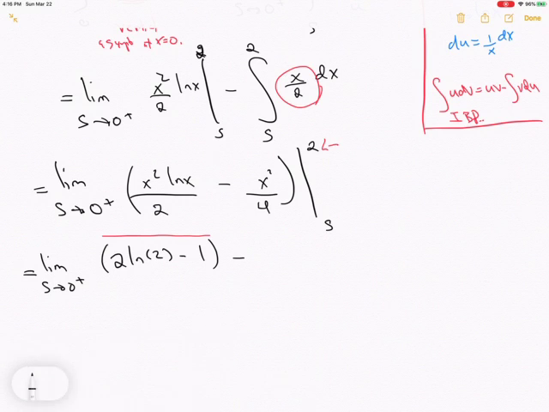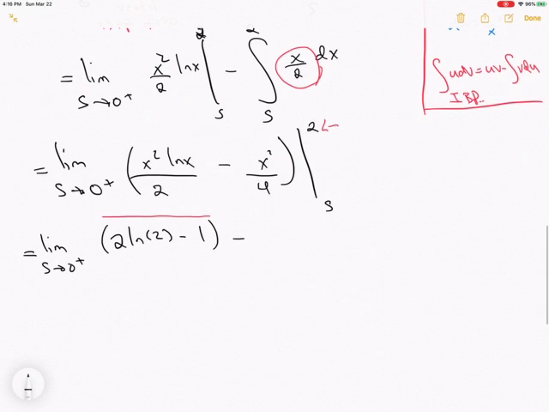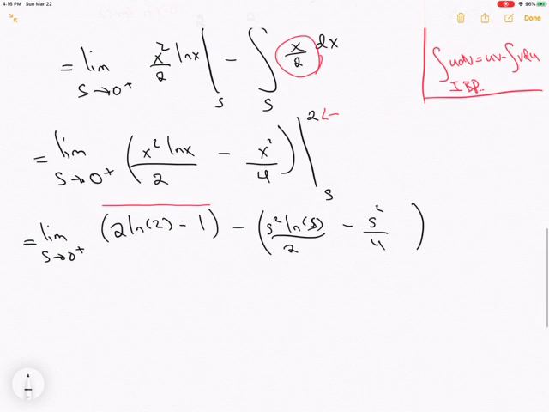And then you subtract from it what happens when you plug in s. When you plug in s, you'll get s squared natural log of s divided by 2, minus s squared over 4. And all of this is inside the limit.